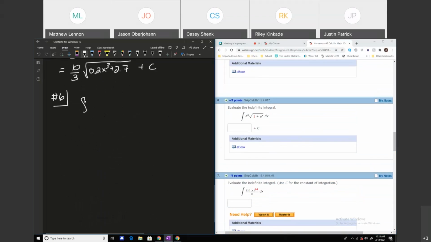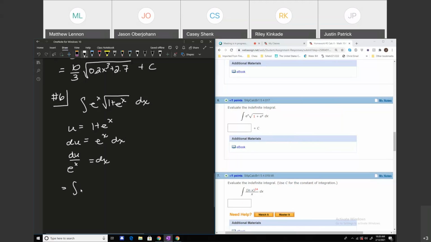So number 6, we have the integral of e to the x times the square root of 1 plus e to the x. So what we want to do here is let u be 1 plus e to the x. So then du is just e to the x times dx. So du over e to the x is dx.